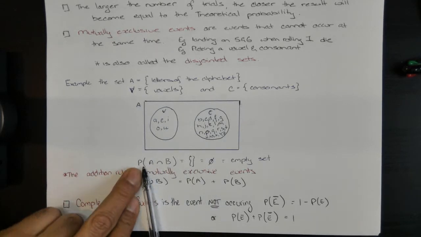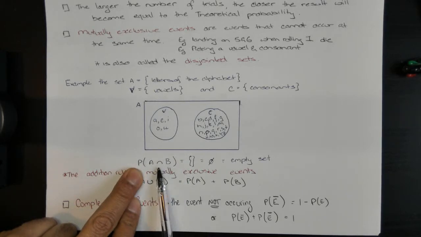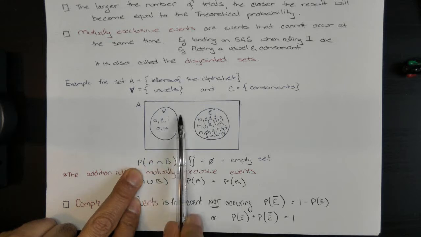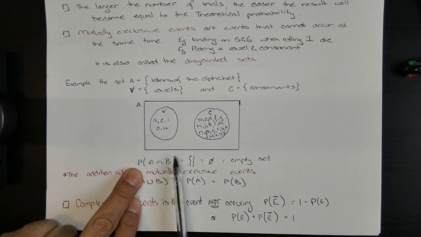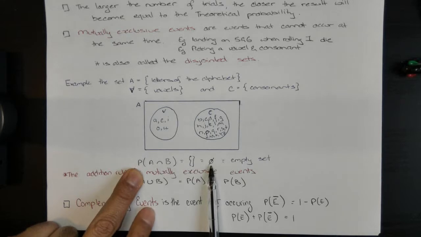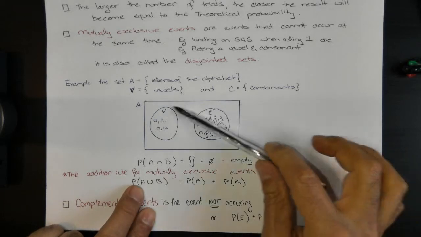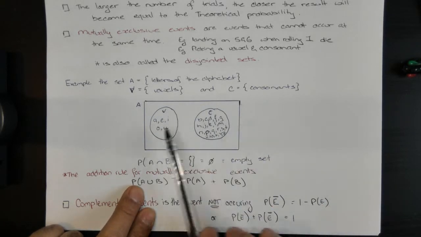We say that the probability of the intersection, so the probability of A and B, the overlapping part, is equal to the empty set, the sample space of nothing, or that symbol 0 with a line through it, which we call the empty set.